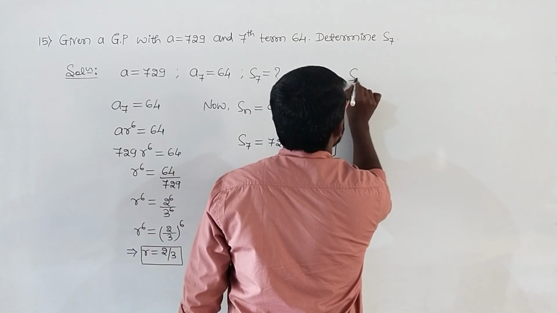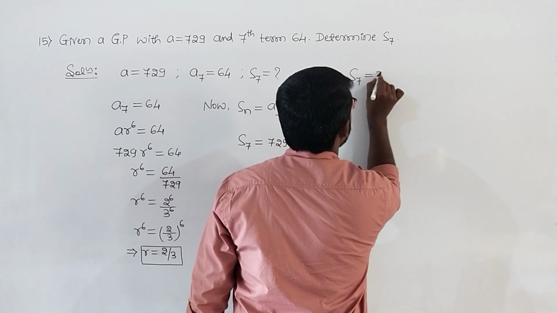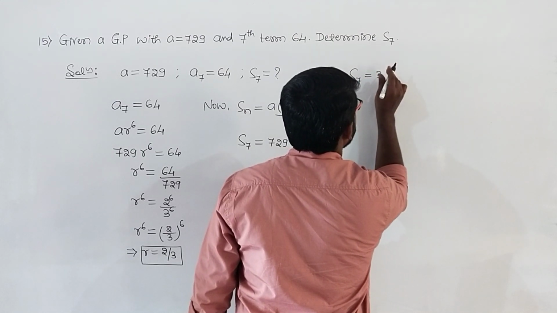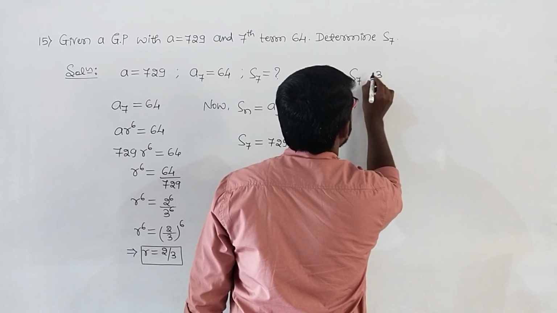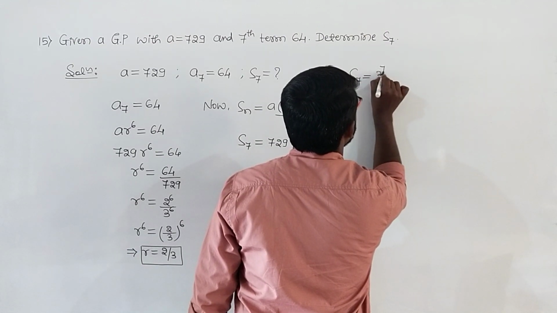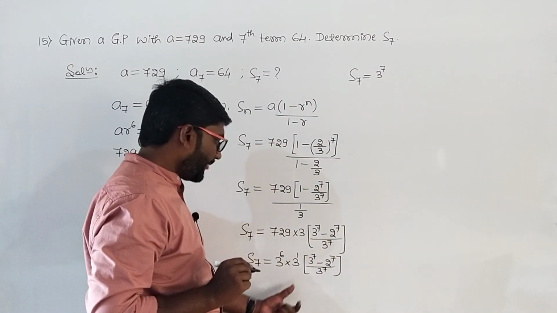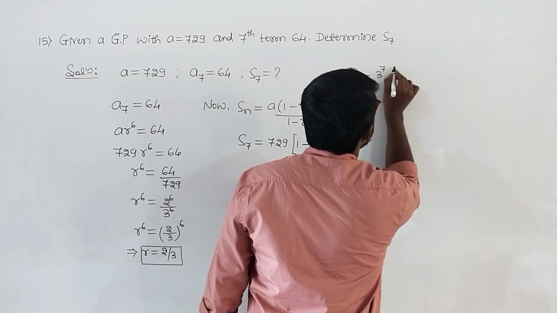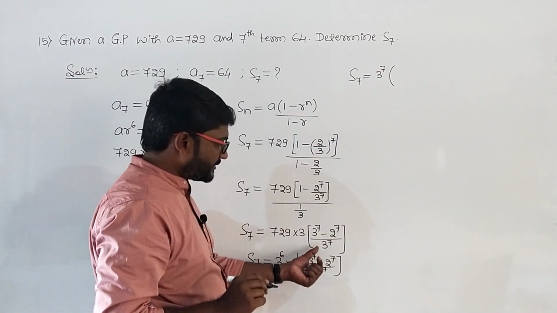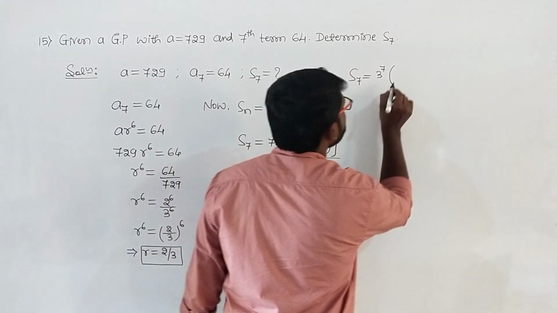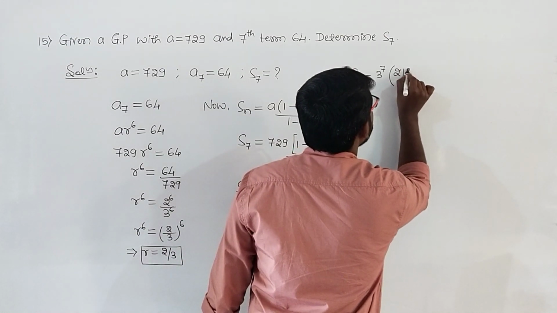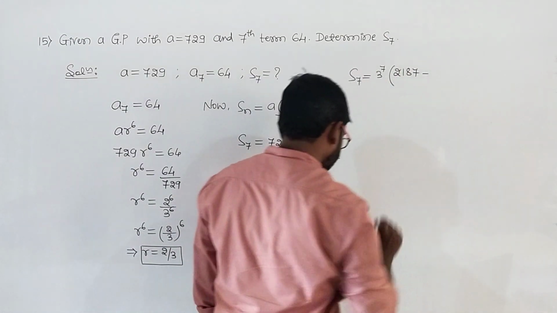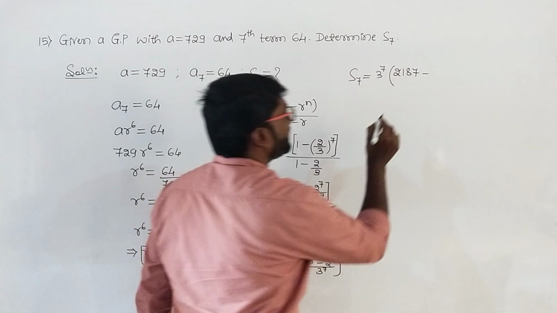S7 is equal to 3 raised to 7 into the bracket, 3 raised to 7 is nothing but 2187, minus 2 raised to 7 is 128.